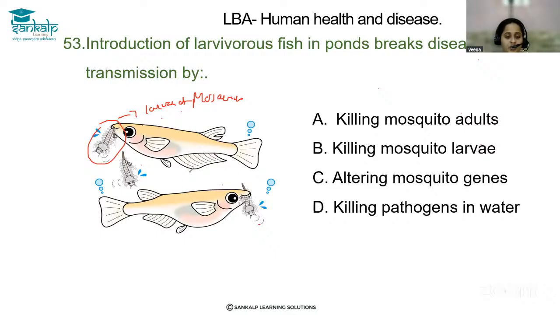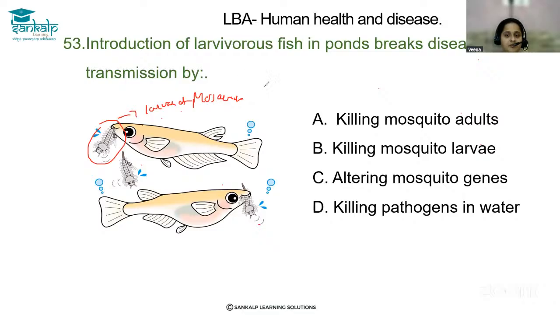What are they controlling? The population of mosquitoes. So that's why wherever there is a pond or stagnant water, there should be a larvivorous fish.